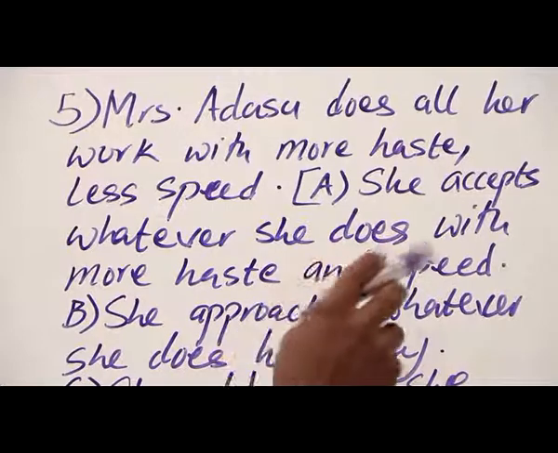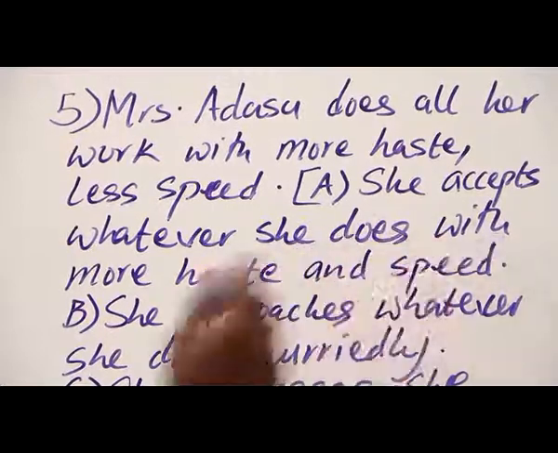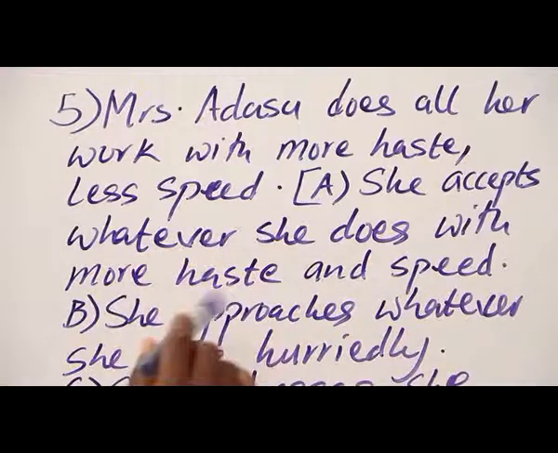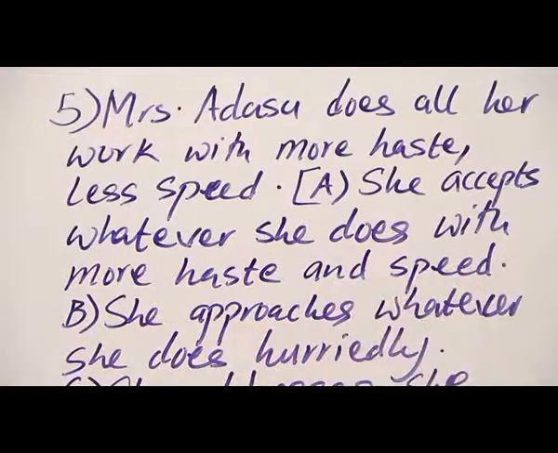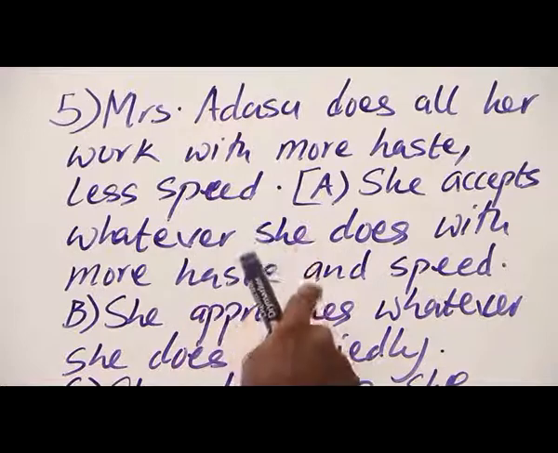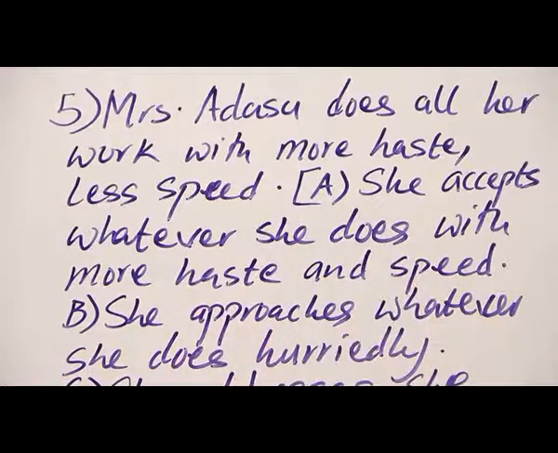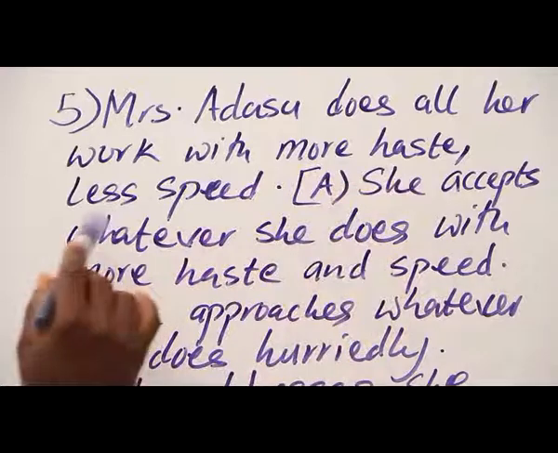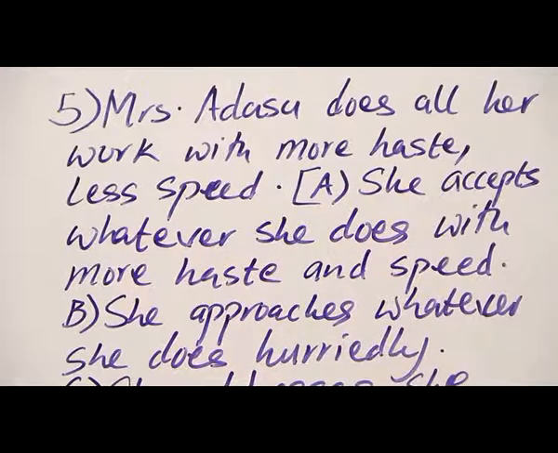Then second, which is even more important, she accepts with more haste and with more speed, when the sentence says more haste, less speed. So you can see that on two counts, option A is wrong. Then we take option B. She approaches whatever she does hurriedly. If you approach what you are doing hurriedly, it means you are doing it hurriedly.